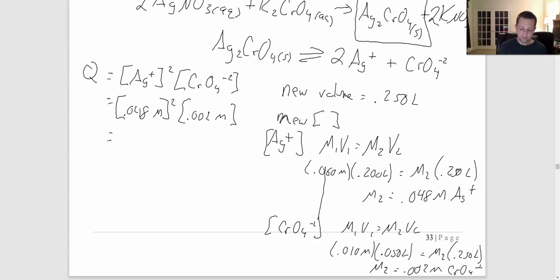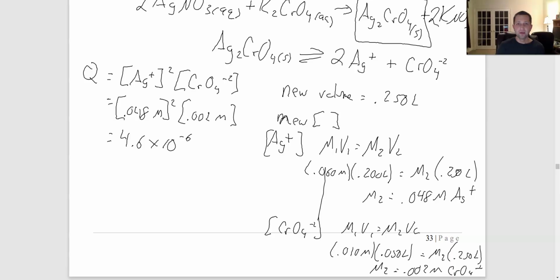Solve, and now it's 0.048 squared times 0.002. You get 4.6 times 10 to the -6th power.